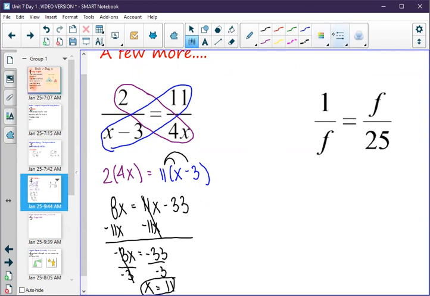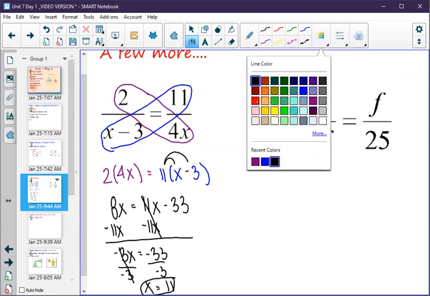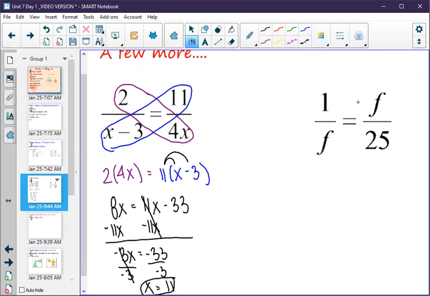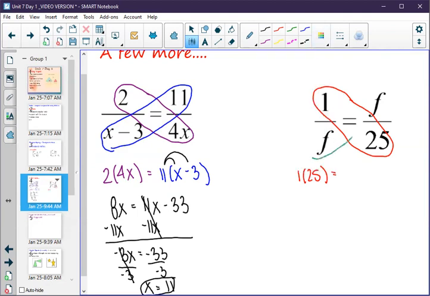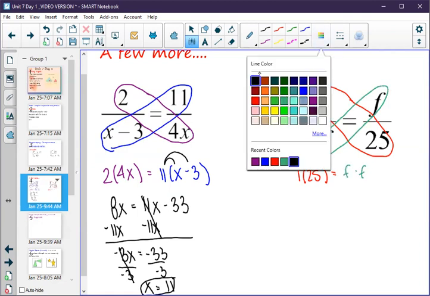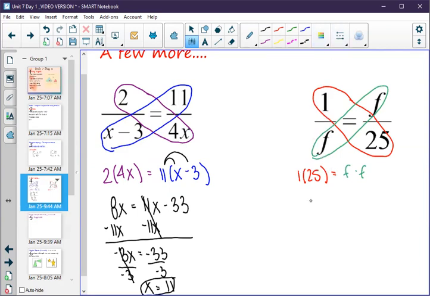Let's look at this example here. We have 1 over f is equal to f over 25. I'm going to do that same thing and cross multiply. So 1 times 25 equals f times f. 1 times 25 is just 25.